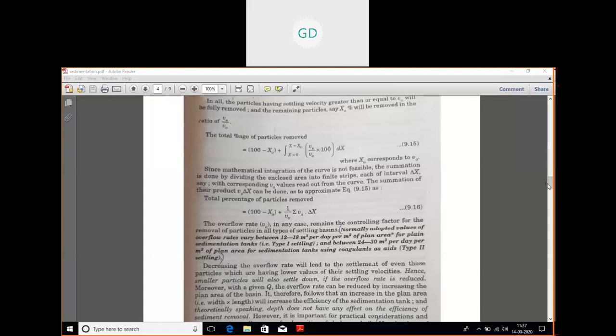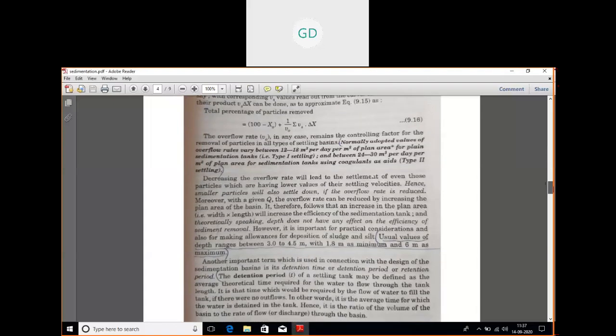Okay. So next, you write down this line, the line that is marked by pen. Usual values of depth range between 3 to 4.5 meter with 1.8 meter as minimum and 6 meter as maximum. This is the depth of your water tank.